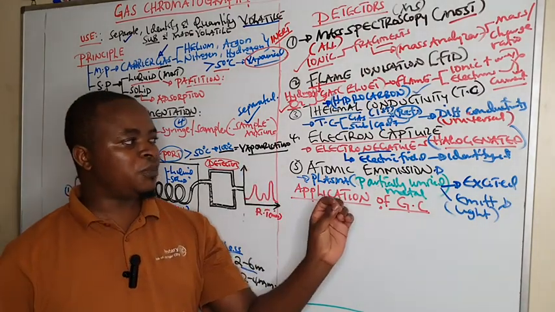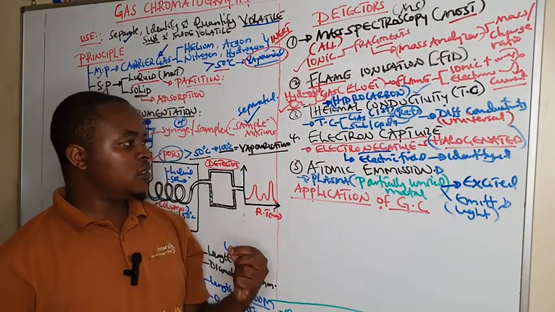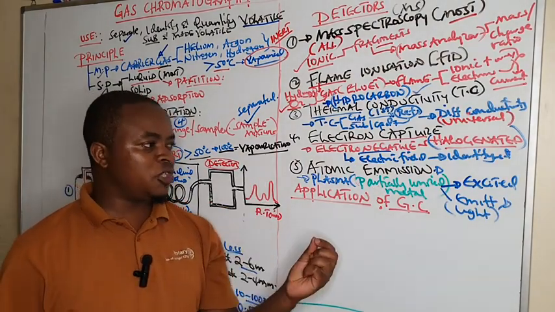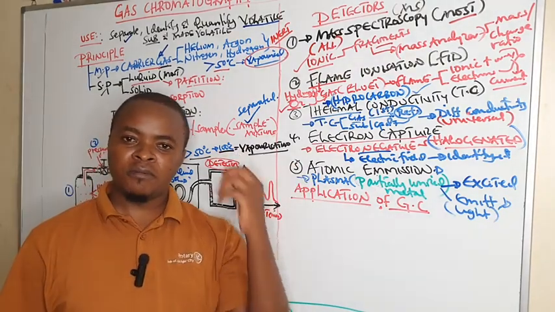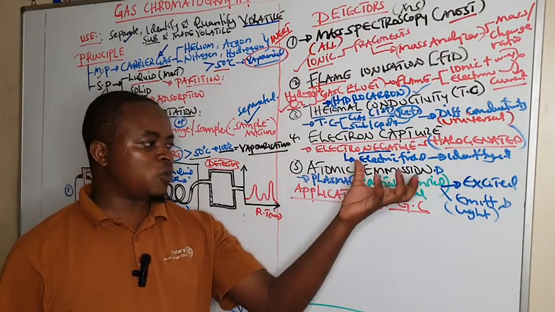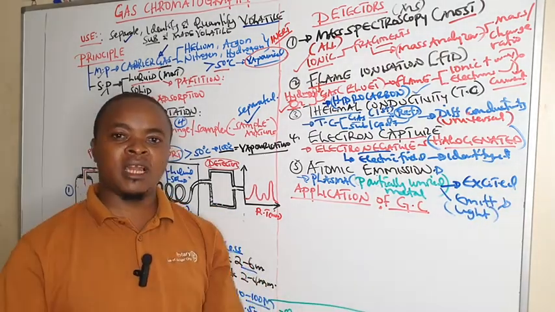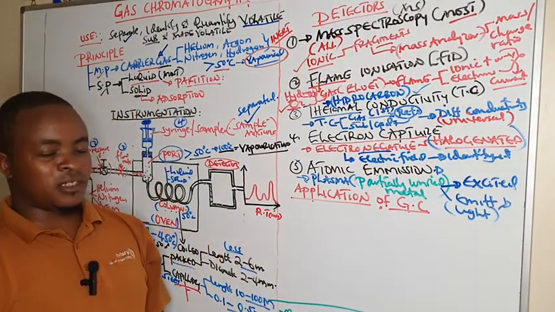And then electron capture for electronegative compounds which are halogenated. Then atomic emission for metals or elements which are found in plasma. Those ones which are first partially ionized, so they get excited and emit light, which can be quantified.